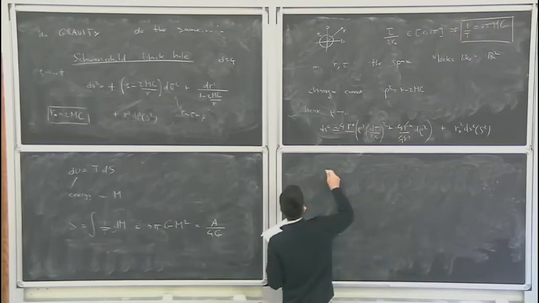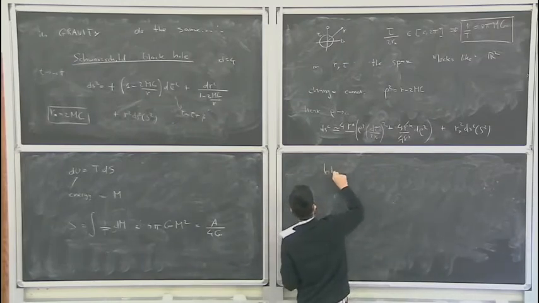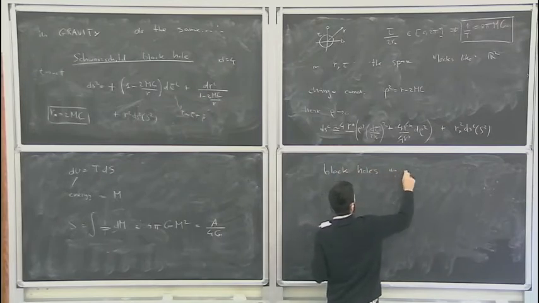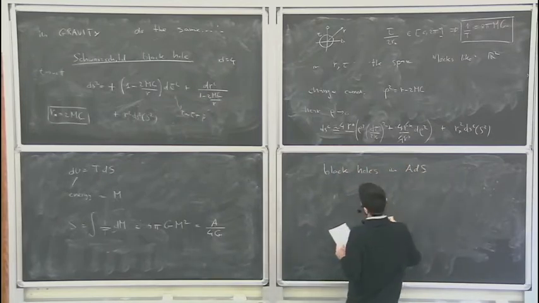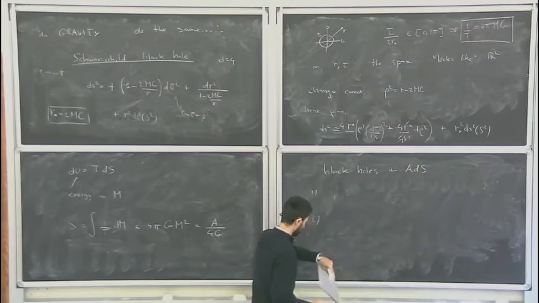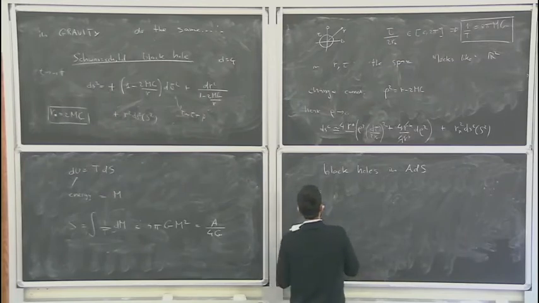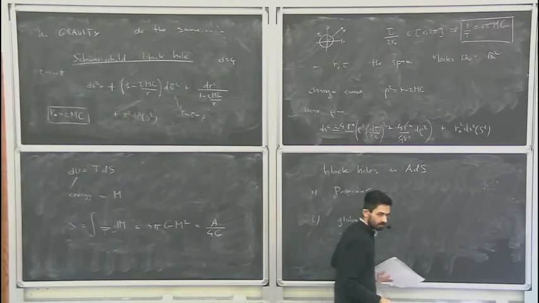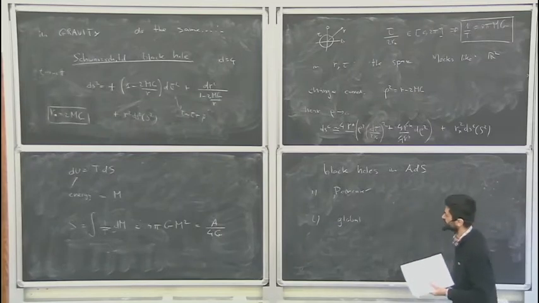So I will consider black holes in AdS, both, time permitting, but I think time will permit it, both in Poincaré and in global coordinates. And there will be some interesting physics associated to both these.